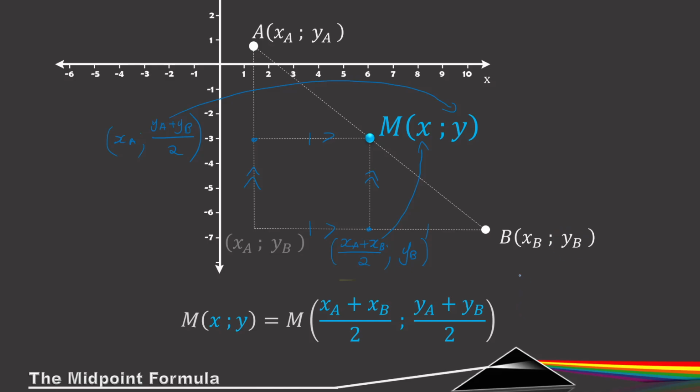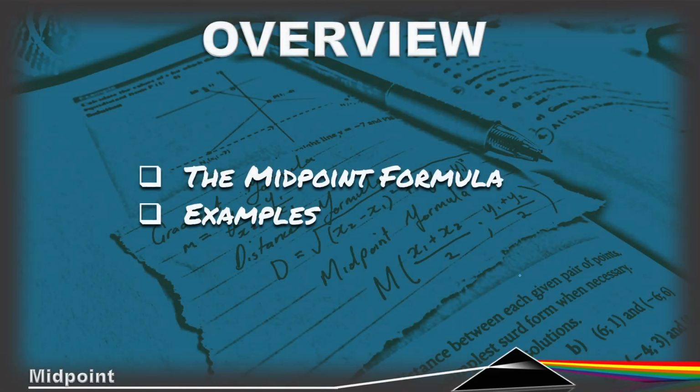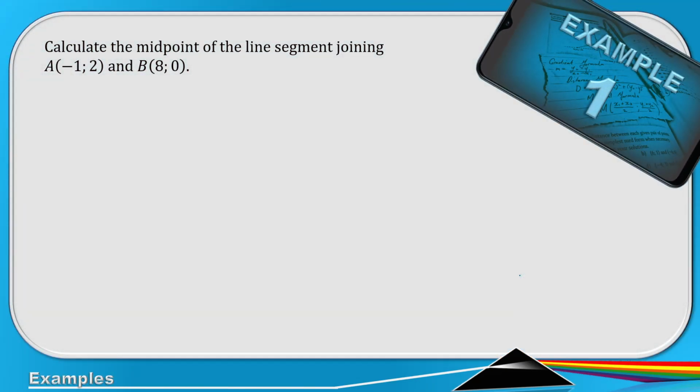All right, so now let's look at how we're going to use this formula. So the first example says, calculate the midpoint of the line segment joining A and B. Now, if they don't tell you what the coordinates are, for example, this coordinate is A, that coordinate is B, what is the midpoint?